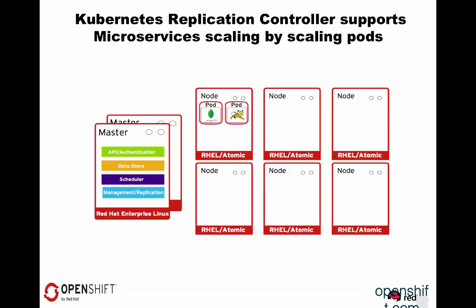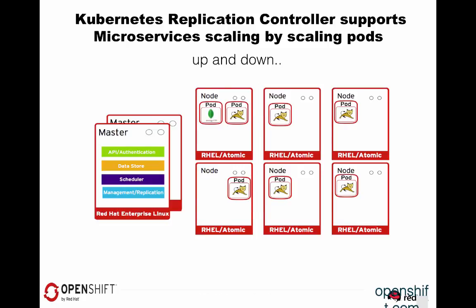The specific pods that you desire to scale up, you can scale them independently up and down as needed. You could be using manual scaling or automatic scaling. Both are possible. So as you scale, the pods get placed. Again, the scheduler places the pods, it distributes the pods across the cluster, and the scaling can happen either up or down.